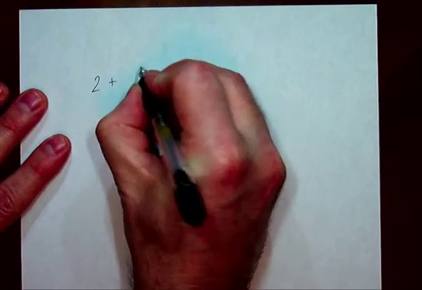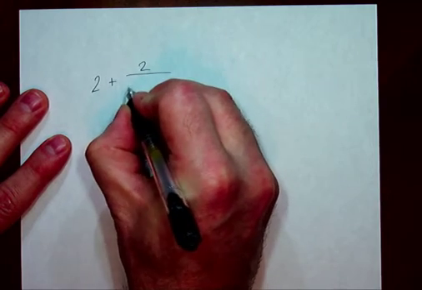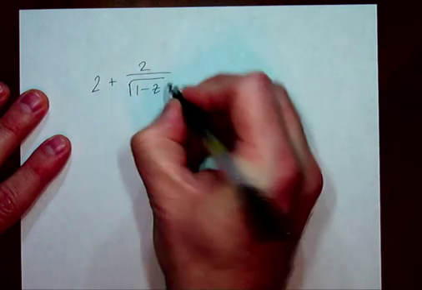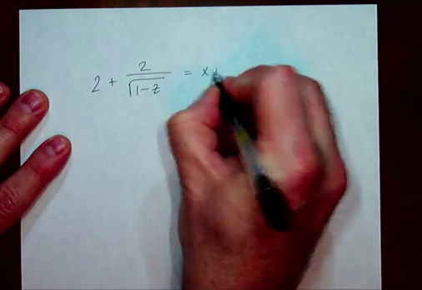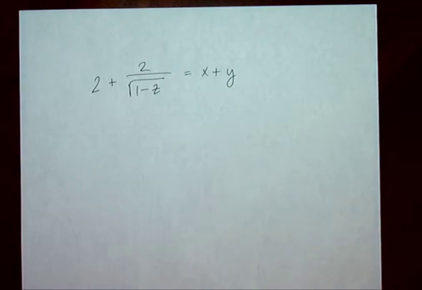2 plus 2 over square root of 1 minus z is equal to x plus y. Now, again, we have a z. You have one z, so I don't have to mess around with recombining it with anything else, but it's under a radical and it's in the denominator.